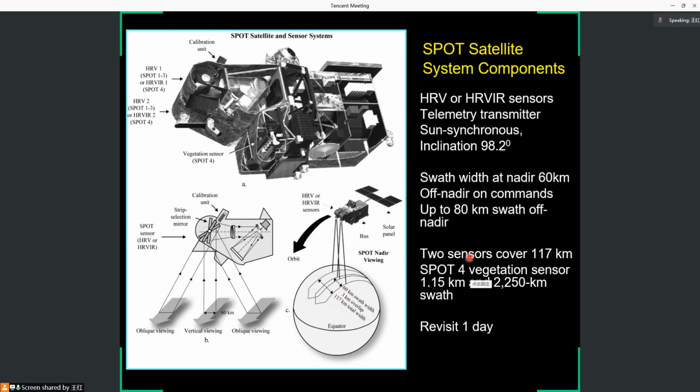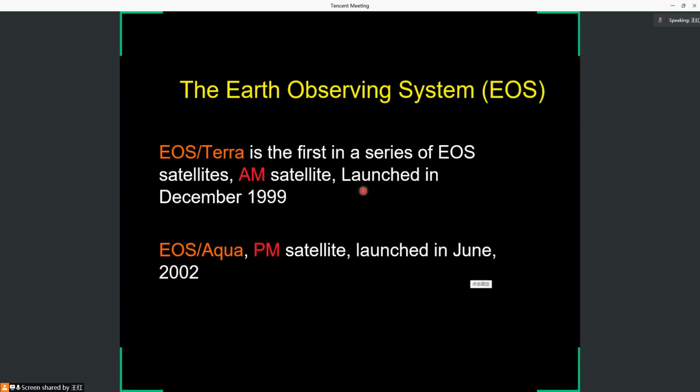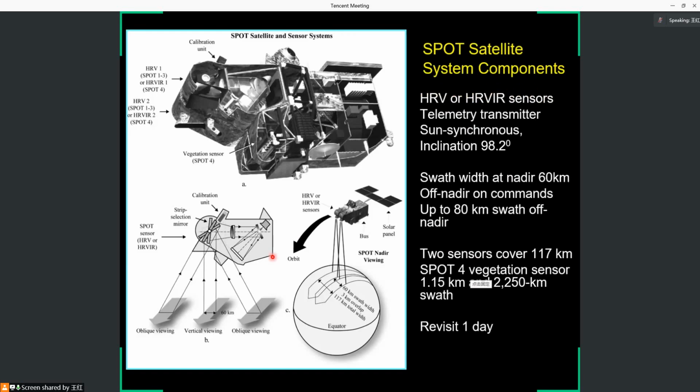So this is SPOT. The quality of SPOT is very good. But this is not free. You should pay for this image.